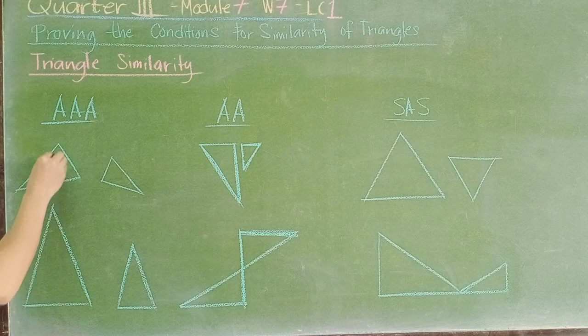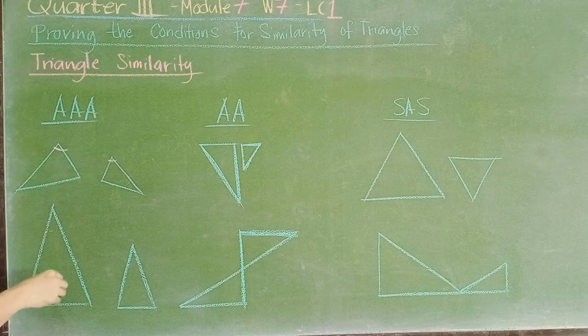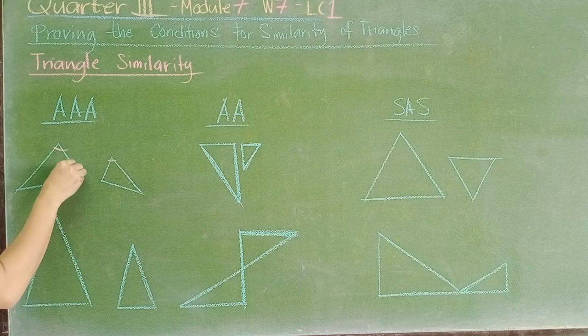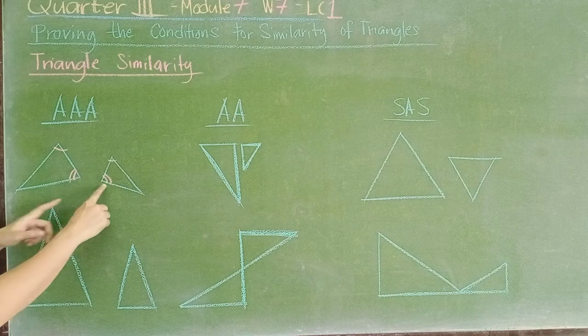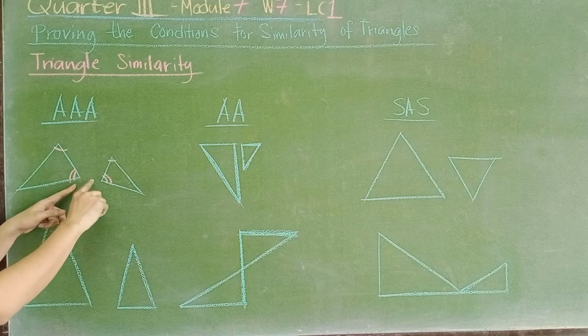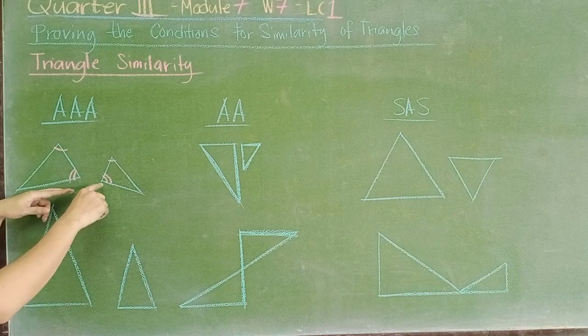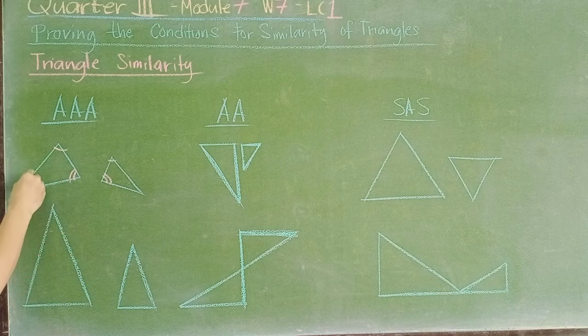So, let's say, this angle corresponds to this angle, parehas sila ng sukat. And then this angle and this angle, parehas sila ng sukat. Kung gaano karami yung guhit, ibig sabihin, parehas sila ng sukat.